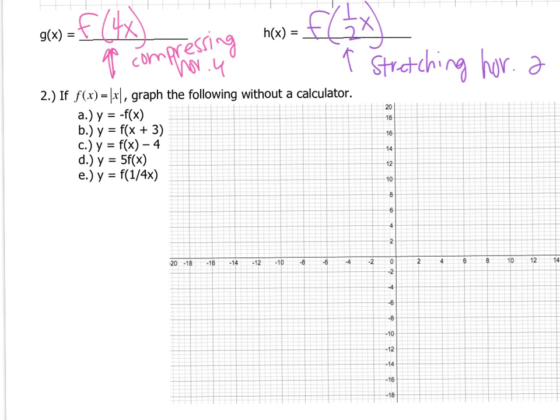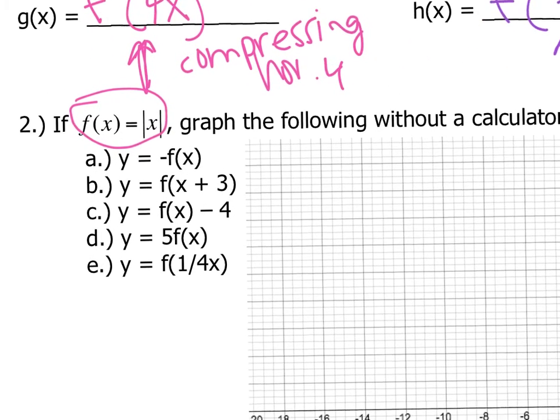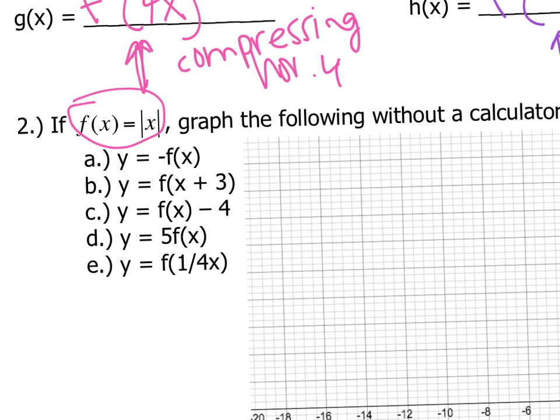Okay. Last example, I'm going to have you guys on your own do the graphs, but together we'll talk through what each of these transformations is doing to our original function. f of x equals absolute value of x. If you are unsure what that original function looks like, graph it on your calculator. Okay, it's going to be your absolute value graph, or that V shape. So I'm going to have you do all the graphs, but we can talk through what each of these transformations is doing.